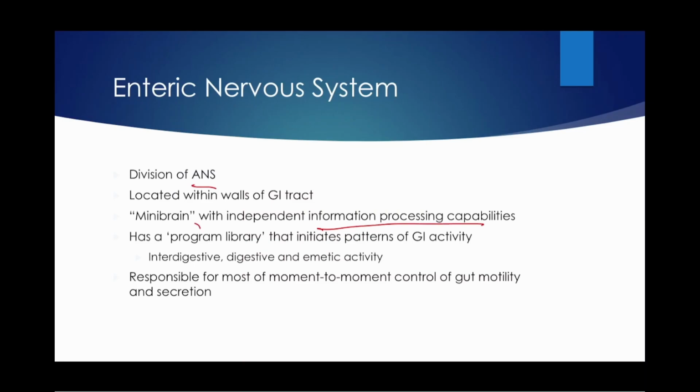It has a program library, which is kind of why people get into certain bowel habits, going to the bathroom at the same time every day, because you've programmed yourself, trained yourself through whatever reasons, to only go to the bathroom at certain times of the day.